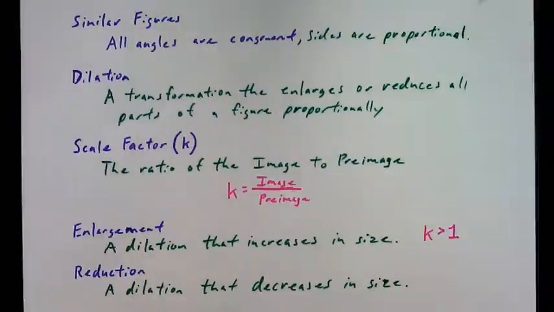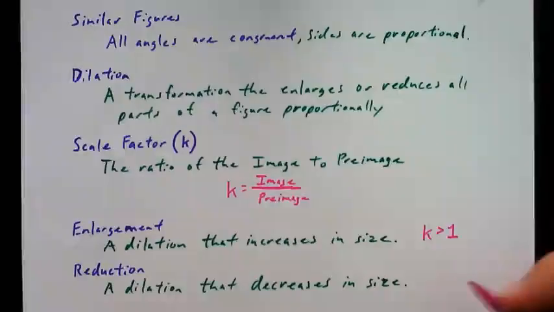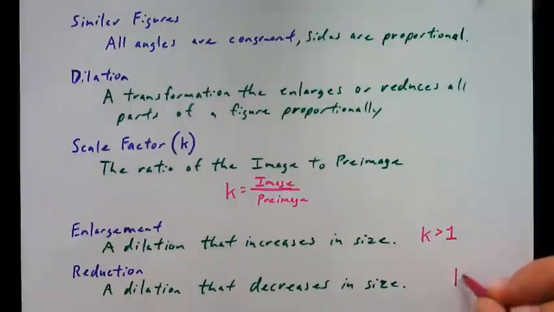Now, what do you think our scale factor is going to be for a reduction? All right, it's going to be less than 1. Is there a limit to how small it could be? Yeah, it has to be bigger than 0.